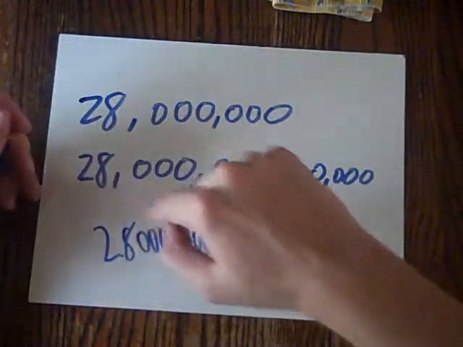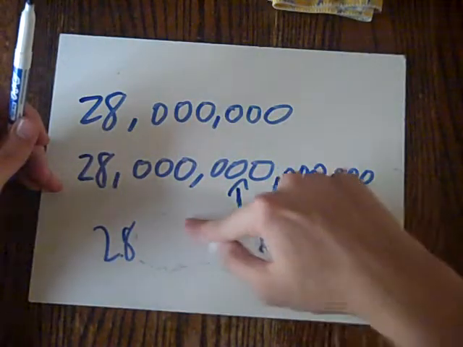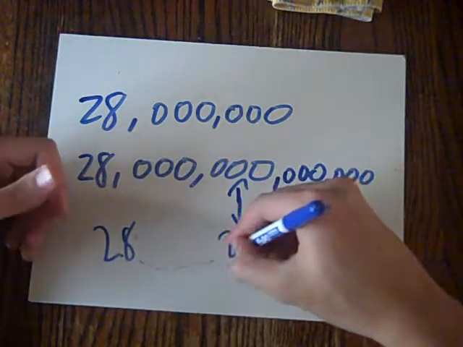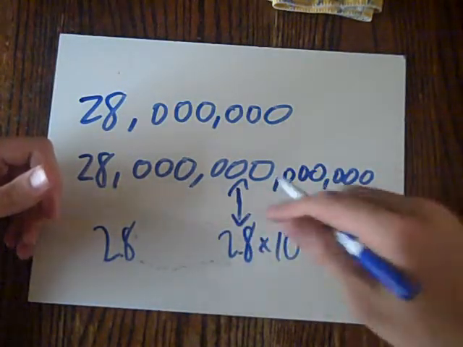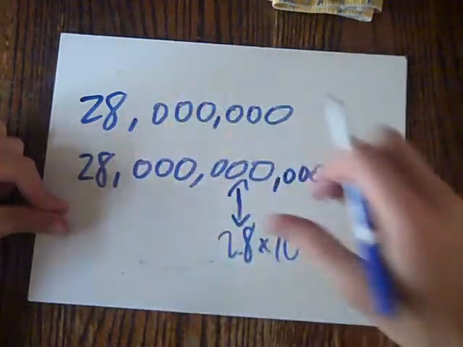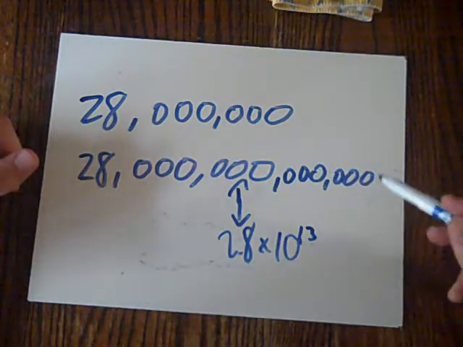And we can just erase all of these. And now we have 2.8 times 10 to the 13th. We can just erase this. And it's the same thing. It's a lot simpler to write this than it is to write that.